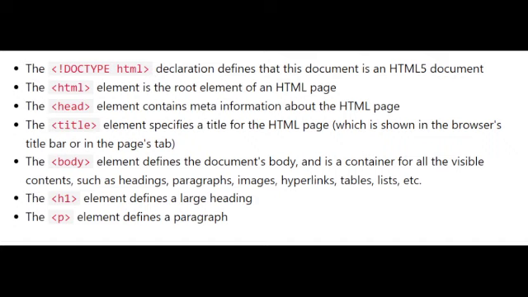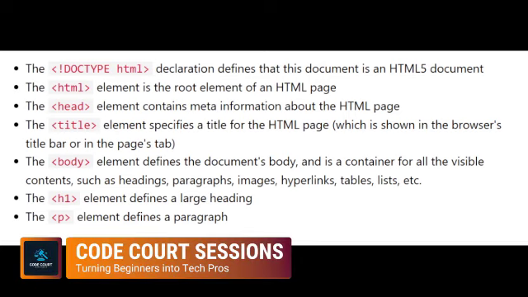Then we have the head element. This contains the meta information about the HTML page. We will look at the meta elements. Then we have the title element, specifically a title for the HTML page. So when you are on Facebook or TikTok or Twitter, the title of the tab that is open is written in HTML.